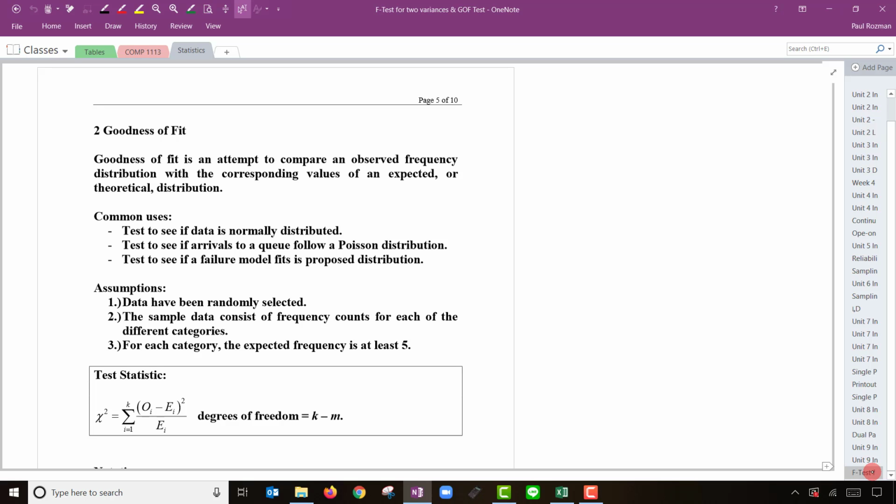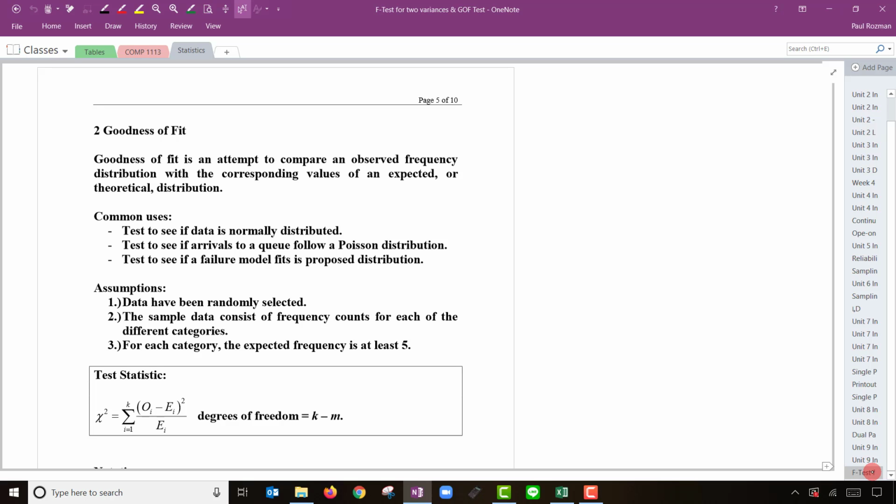So if I have some data that I suspect is normally distributed, I can compare my observed data to data that I would get if it were normally distributed, and then perform a hypothesis test. We can do that for the Poisson distribution or exponential or Weibull or any of those distributions. Basically, we're testing to see if our data fits a particular model.